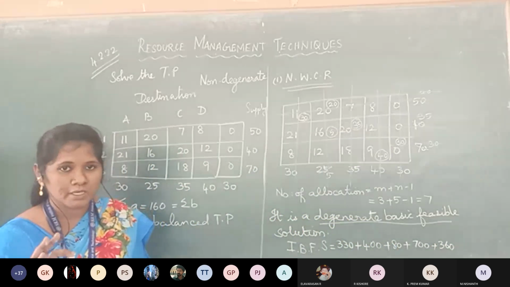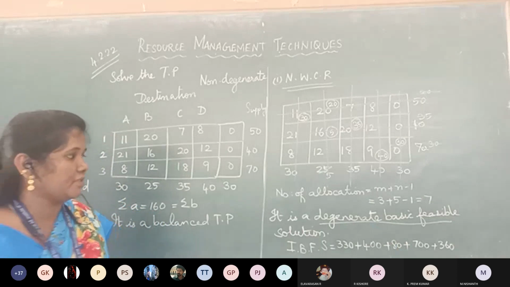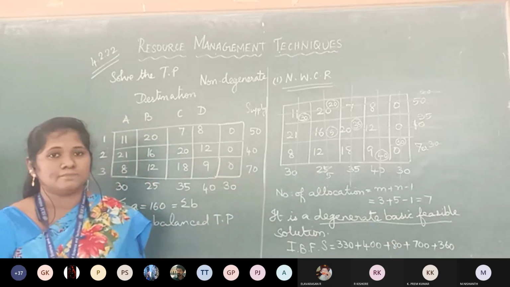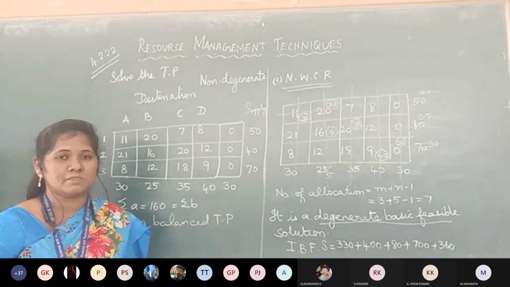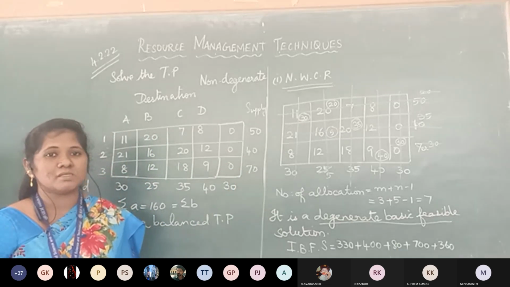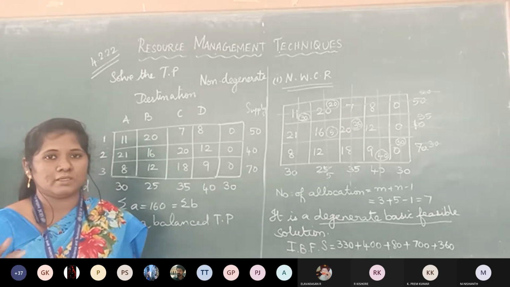Initial basic feasible solution, as usual, you'll find the same way. The only difference is here the allocation is less. When it is less, it is called a degenerate basic feasible solution. If it is equal, it is a non-degenerate basic feasible solution. Make a note and keep.